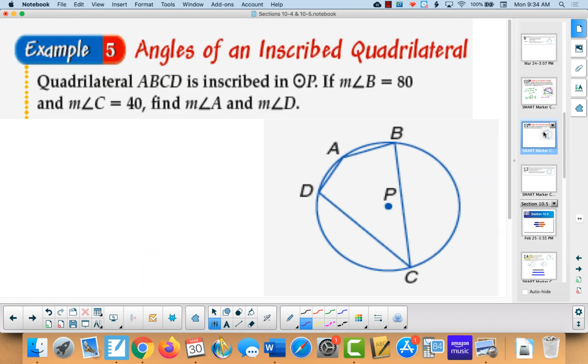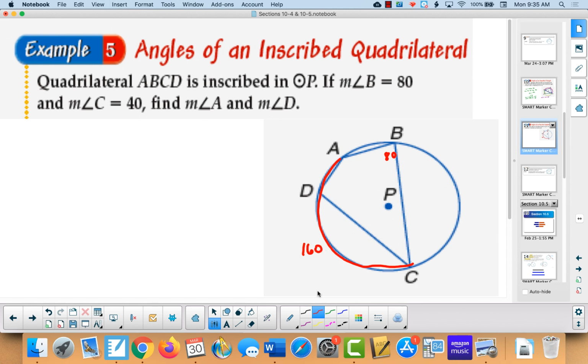In this investigation for 10.4, I asked you to figure out the relationship between these angles in this inscribed quadrilateral. So we're going to use what they tell us. Angle B is 80 degrees. Angle B's intercepted arc is ADC, so that has to be 160 degrees.